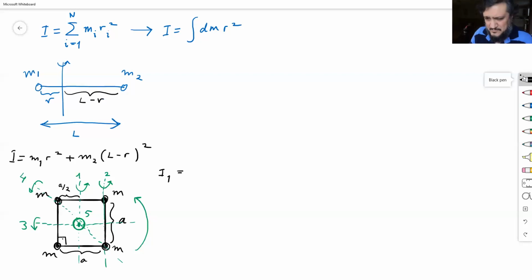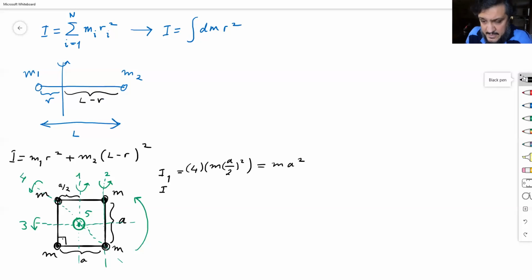So we have 4 times, because we have 4 of them and each contributes the same way, m times (a over 2) squared. Each contributes m a squared over 4, and we have 4 of them, so m a squared is the total.